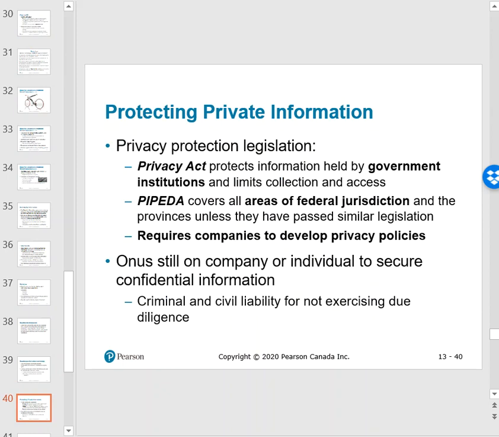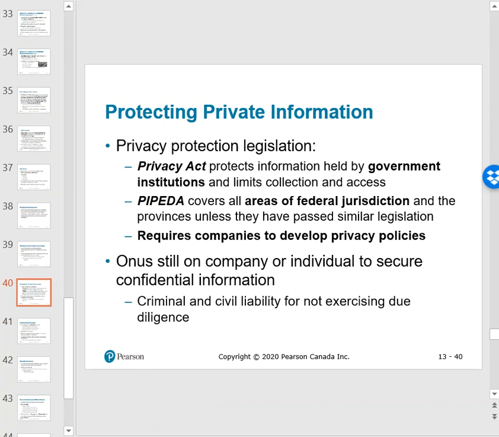Okay, so now I just want to finish with private information, how private information is protected. In Canada, it is protected by both federal and provincial legislation. And companies have to have privacy policies if they collect private information. By the way, when you call MSP, if you have ever called, they collect personal information for identity purposes.